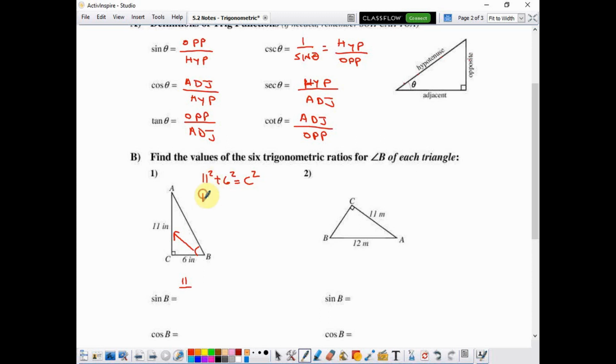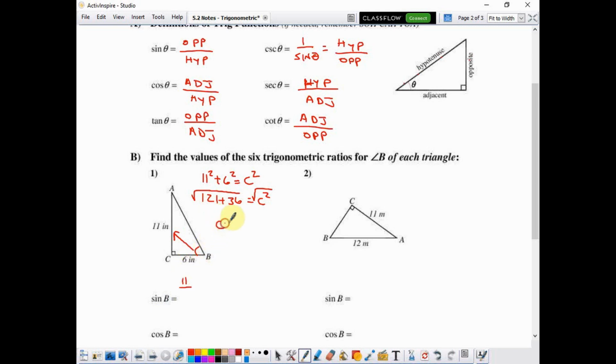So that's 121 plus 36 equals C squared. We're going to take the square root of both sides, but only the positive square root. We're not going to have a plus or minus this time, even though we're taking a square root in an equation, because the length of a triangle cannot be negative, so only the positive square root.